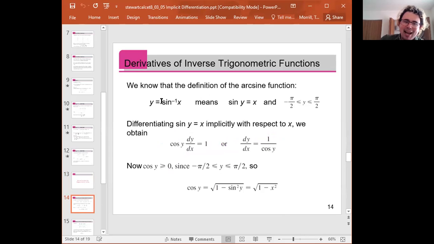So here, because sine is the name of a function, sine with a superscript of -1 means to take the inverse of the sine function. So inverse in terms of functions, which is different from inverse in terms of reciprocals and fractions.